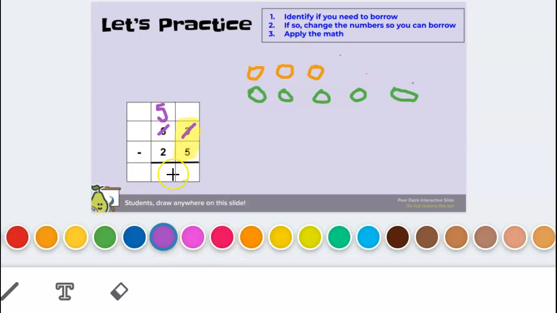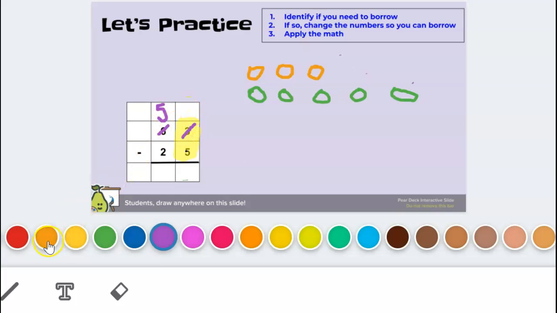So this is our 10 spot, right? Ones, we count 1, 2, 3, 4, 5, 6, and so on. Our 10 spots, we count 10, 20, 30, 40, 50, and so on. So when we borrow from the 10 spot, we take away a 10, so we have to add 10 to the 1 spot.